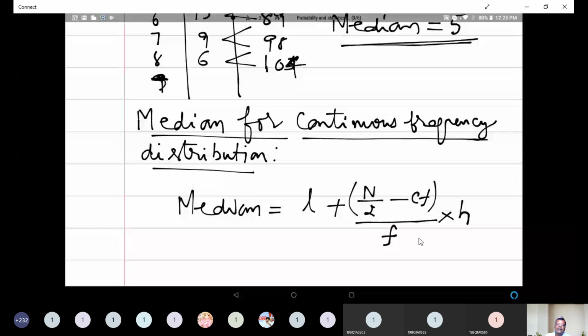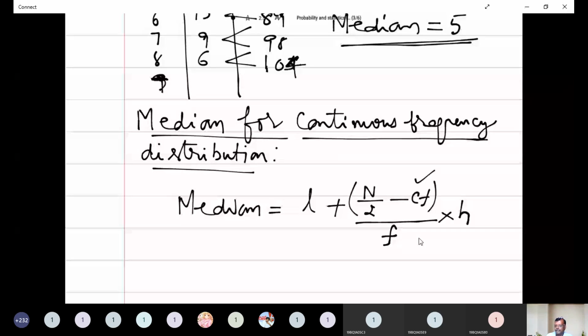Median is equal to L plus n by 2 minus CF. CF means cumulative frequency, F is the corresponding frequency. H is the width of the class interval.